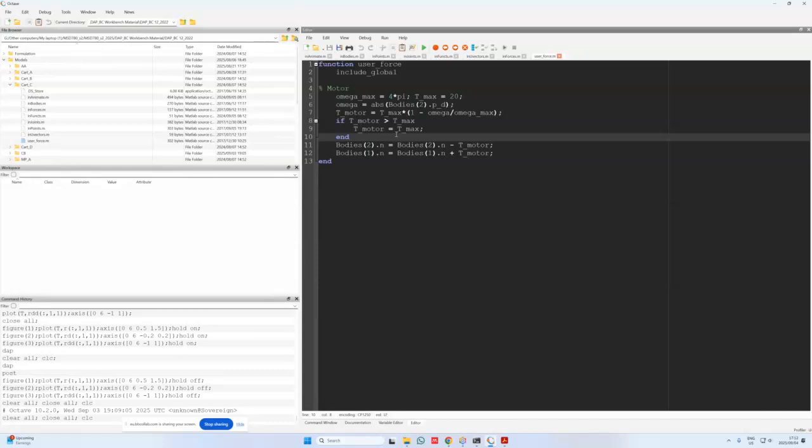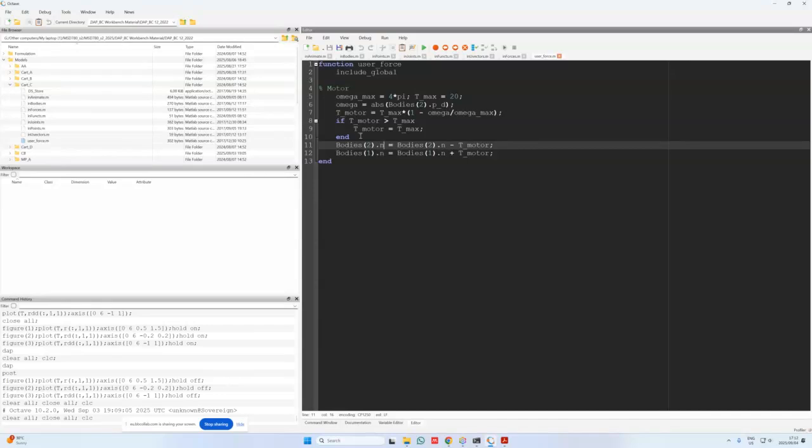So whenever I have a value that exceeds the maximum torque, I simply derate it back to T max. And this then ensures that the system isn't going to have any further load variation beyond the point where T motor is greater than T max. It sort of plateaus on the torque in that case.